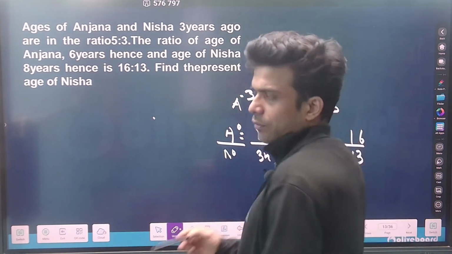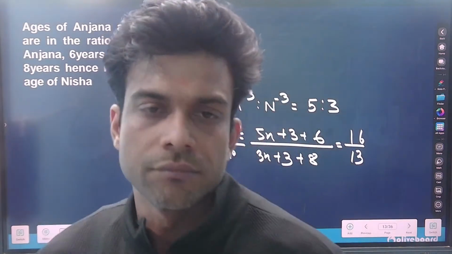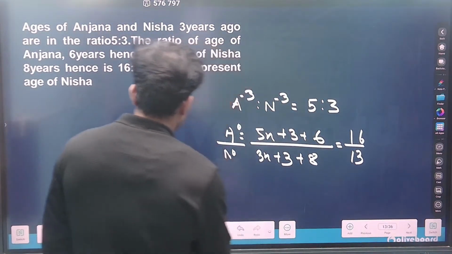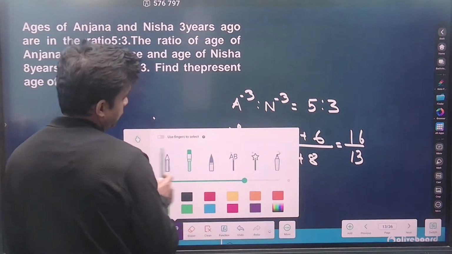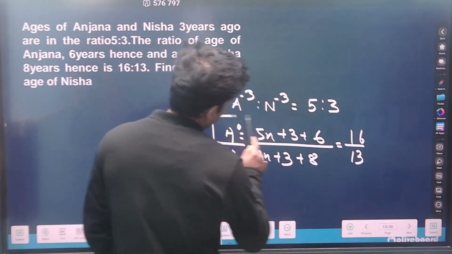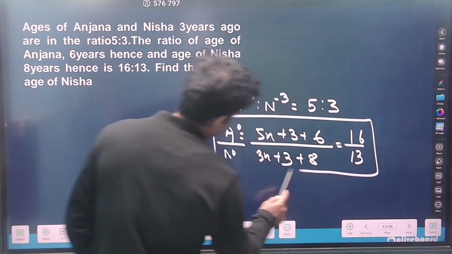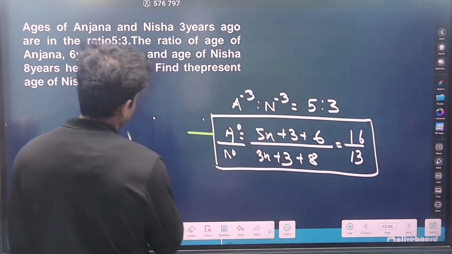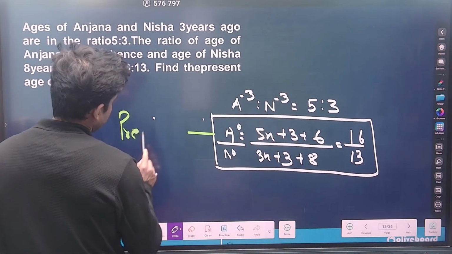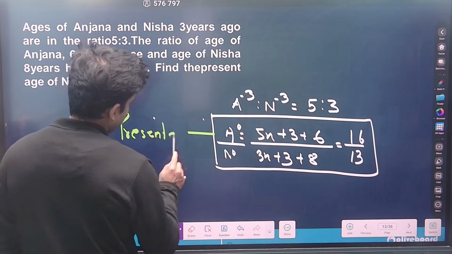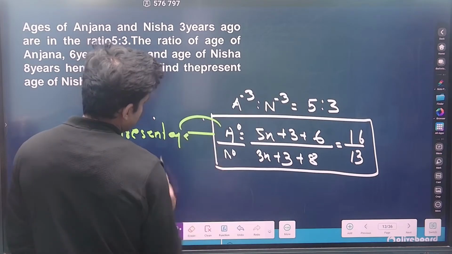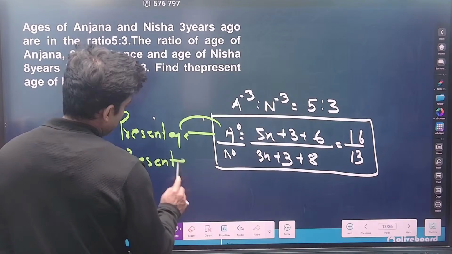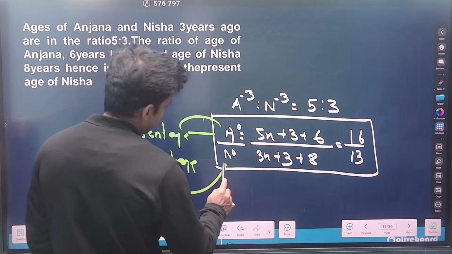I hope this equation is clear to everyone. So now guys, I haven't given the options, but this would be the present age of Anjana and also the present age of Nisha.